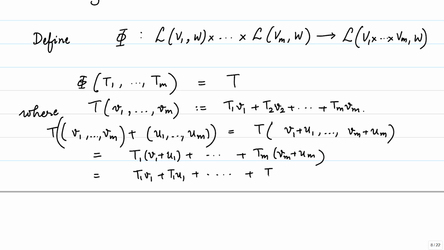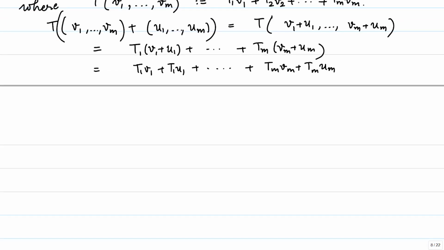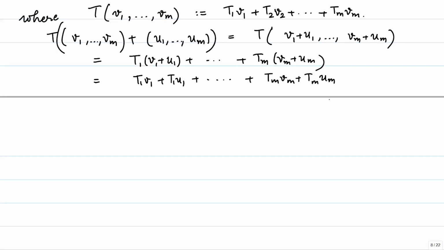Similarly, T2 is a linear transformation, and similarly, Tm is a linear transformation. Notice that all these make sense because Um belongs to Vm and Tm is a linear transformation from Vm to capital W. So Um is in capital Vm. Now regrouping, these are all vectors in W. So regrouping, this is T1 V1 plus T2 V2 plus up to Tm Vm, by using the vector space addition properties, plus the sum of these two vectors in W.